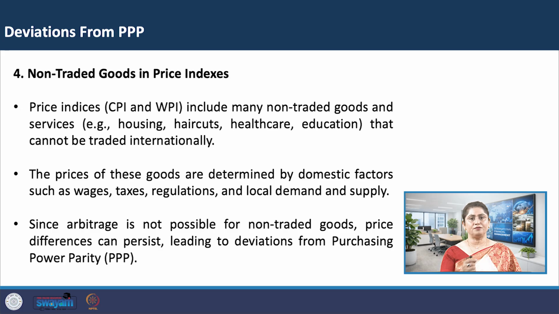Now think of a haircut or purchase of real estate. These goods cannot be shipped from a cheap country to an expensive one to arbitrage away price differences. Their prices are determined purely by domestic market conditions, and the arbitrage process does not exist here.